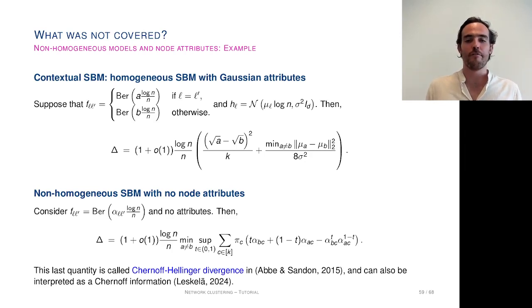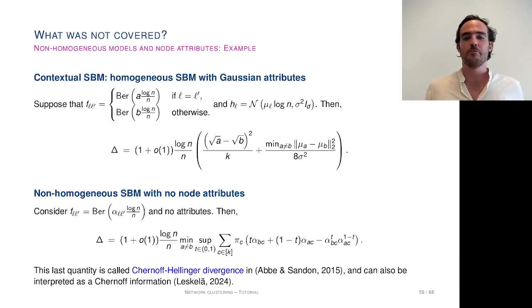Another thing we can derive is what happens if I have no attributes, or the probability distribution of every attribute is the same no matter which cluster I am in. If I consider again a binary graph, where F, the probability of interaction between blocks L and L prime, is Bernoulli with some coefficient alpha LL prime times log n over n, then we can show that this quantity delta recovers the quantity we call the Chernoff-Hellinger divergence, which appears for clustering non-homogeneous SBM.